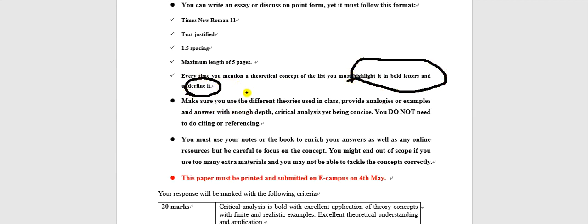For example, if I put acceptance of technology, and that is a concept that we saw in class, you have to bold it and underline it so I can quickly see the concept. That's a reference for me to go faster in the marking and make sure that you don't miss any marks. It's a win-win situation for you and for me.